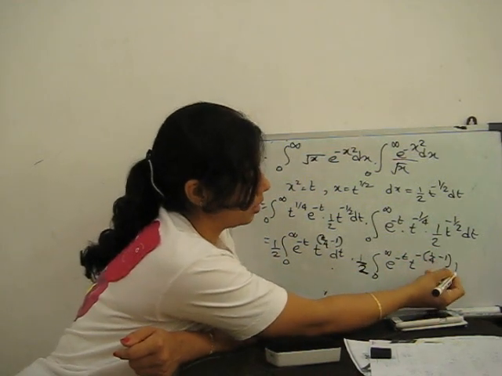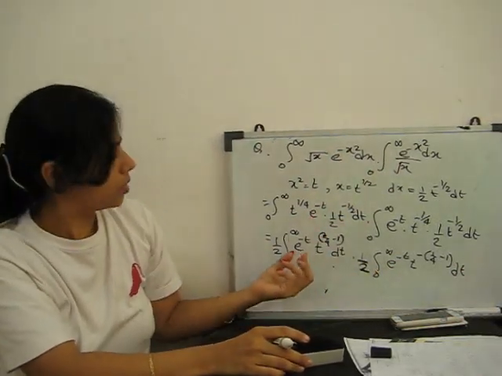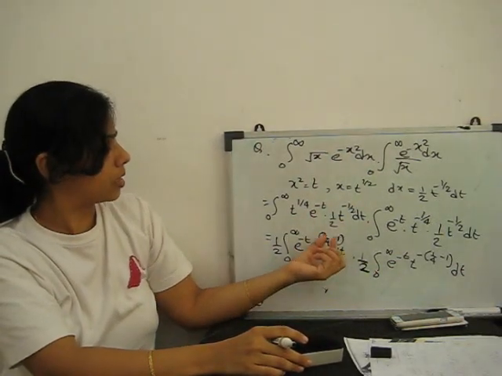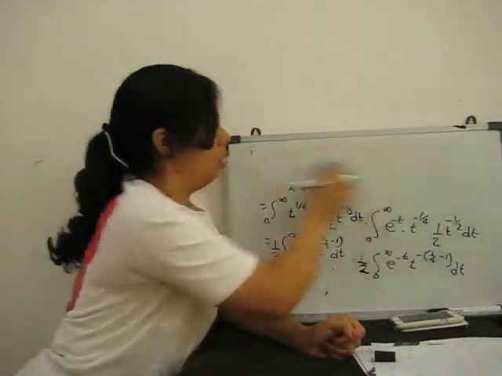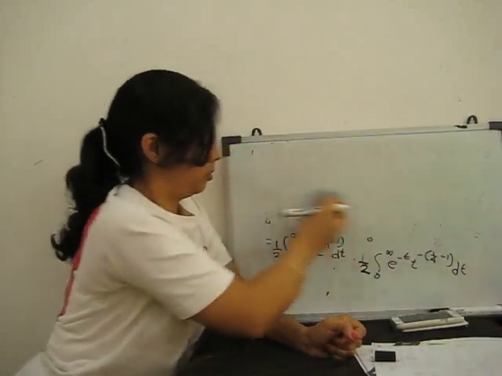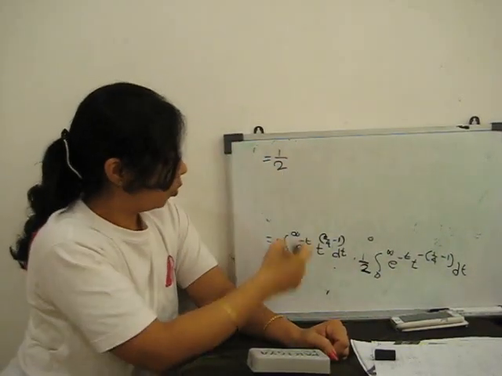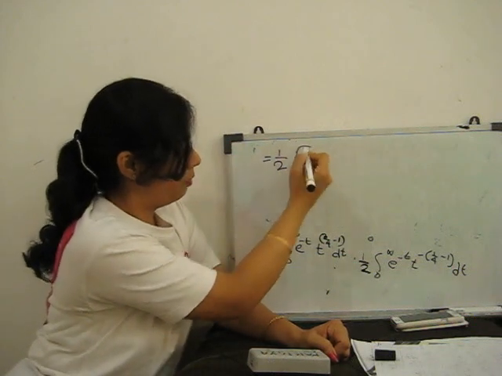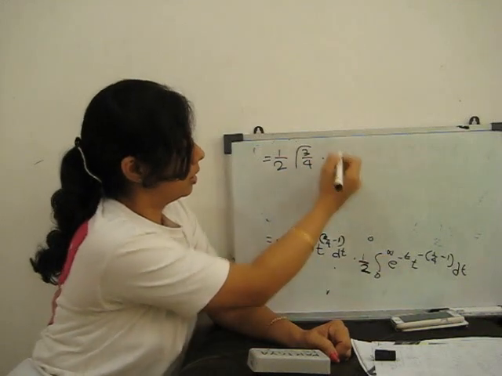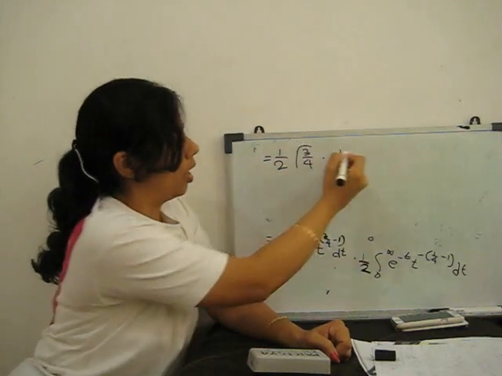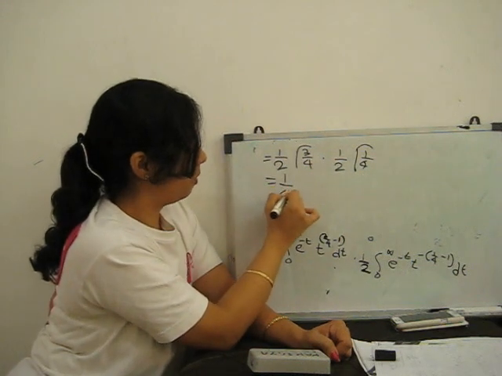Now it is our gamma function, e to the power minus t, t to the power n minus 1 dt. So the given integral is 1 by 2 gamma of n is 3 by 4, times 1 by 2 gamma of n means 1 by 4. So this gives 1 by 4.